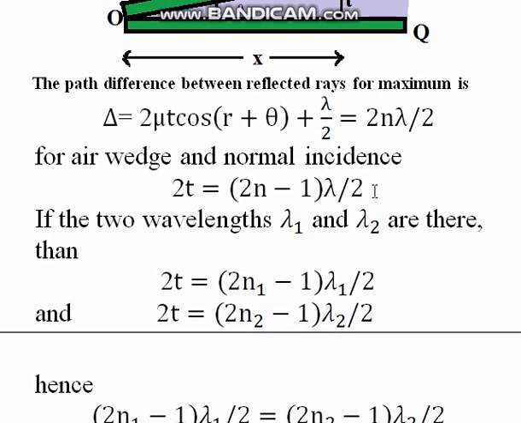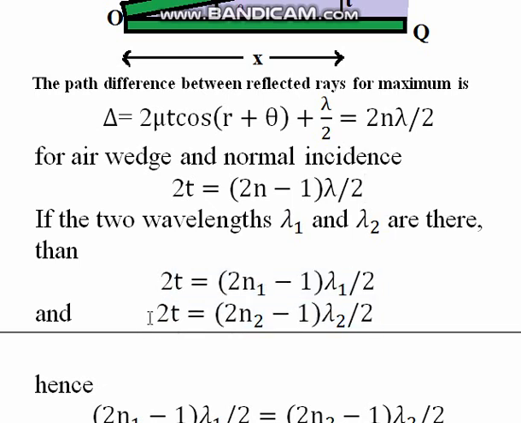Now in our problem there are two wavelengths, lambda 1 and lambda 2. So let's write this equation for each wavelength. First I write this equation for lambda 1. It will give twice t equal to twice n1 minus 1 lambda 1 upon 2, where n1 is the order of fringes due to lambda 1.